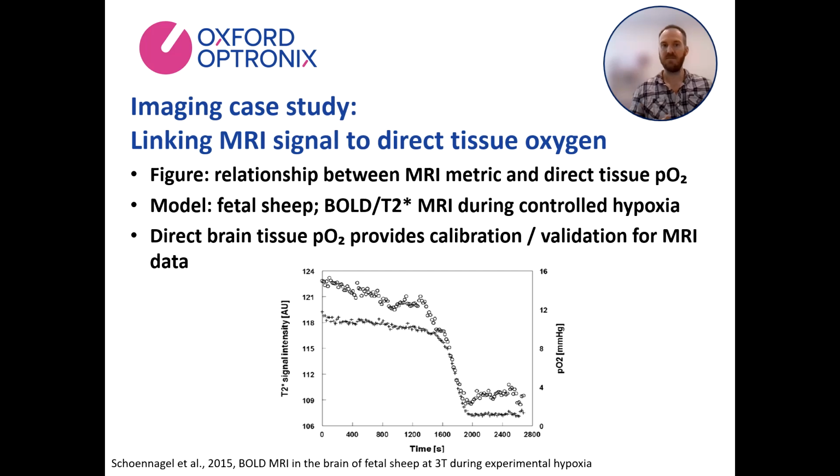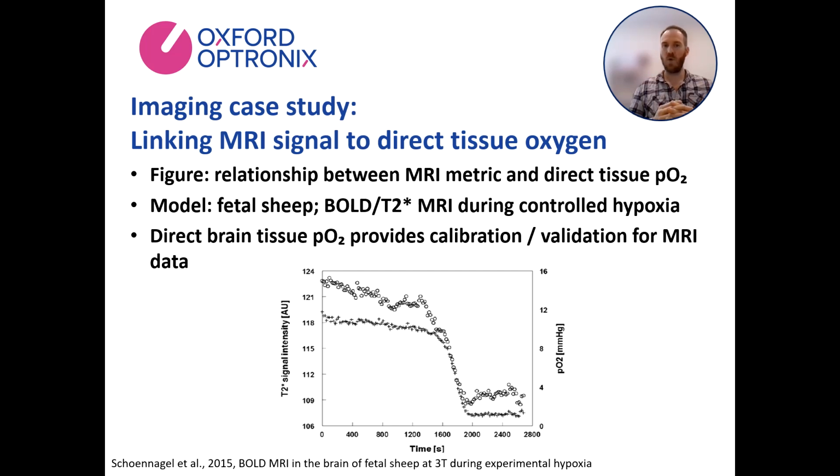So instead of saying this MRI signal must mean oxygen, they build a bridge between the imaging metric and the measured PO₂, which makes the imaging conclusion much easier to defend. And it's also a nice reminder that these approaches aren't competing. Imaging gives spatial context, and direct PO₂ gives you ground truth to rely on.